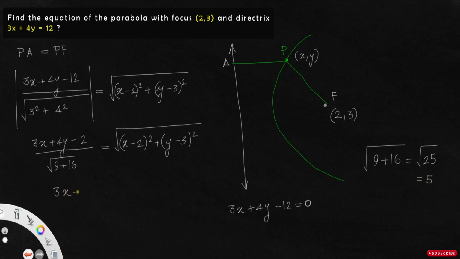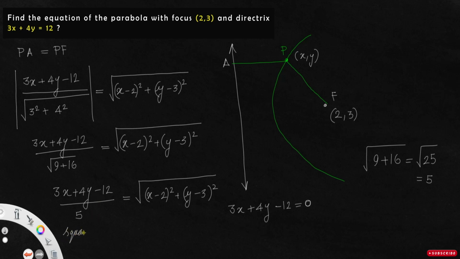So 3x plus 4y minus 12 divided by 5 is equal to root of x minus 2 whole square plus y minus 3 whole square. So in order to remove the square root, I can square both sides.